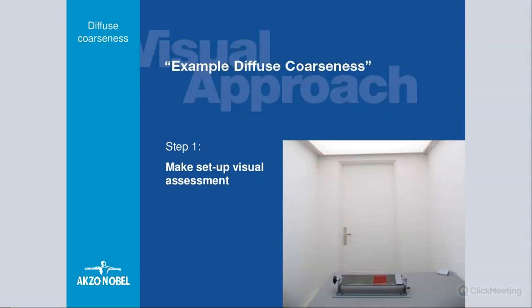So always at BYK, we want to make sure that the numbers that you get out of our instrument correlate to what you see visually. This is how we did it. We worked with Axo Nobel to do this, and they call it coarseness there, not graininess, but that's the only difference.